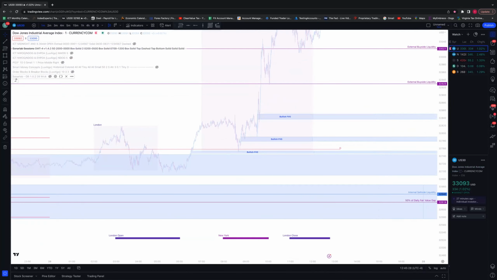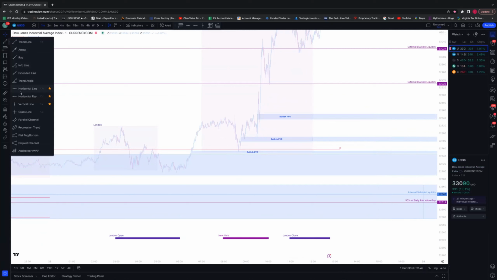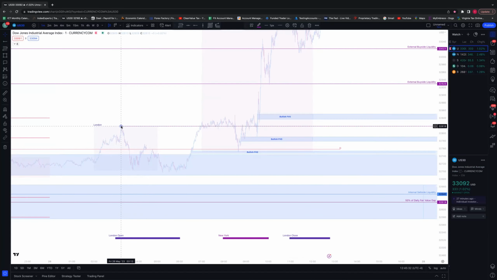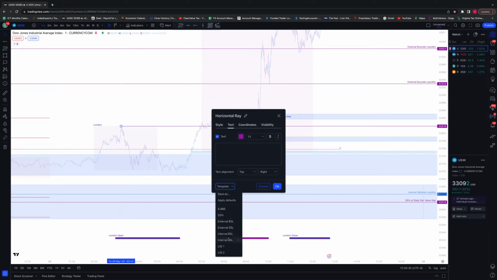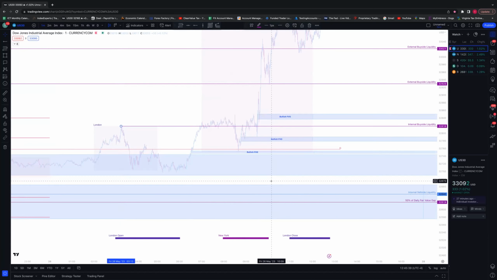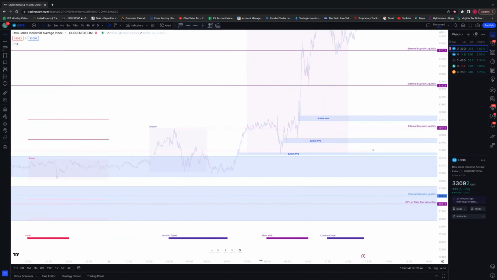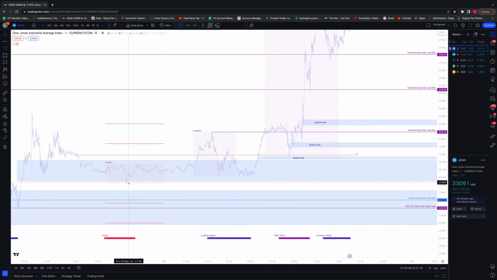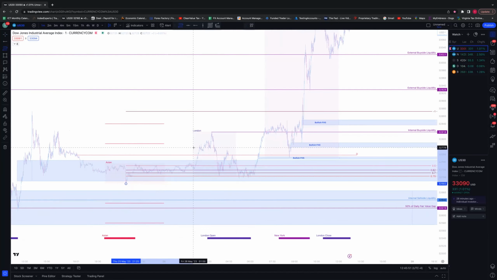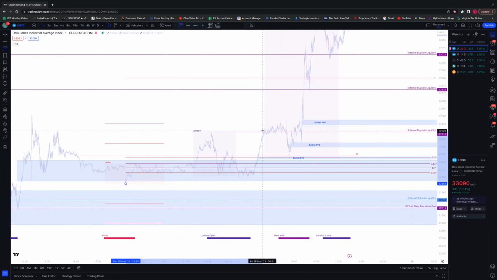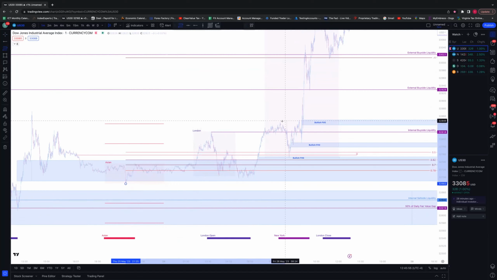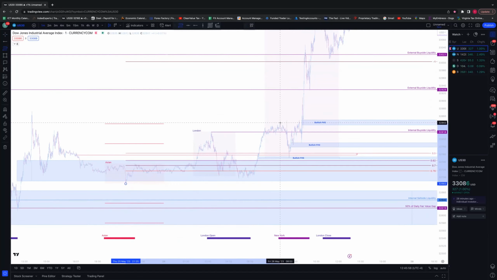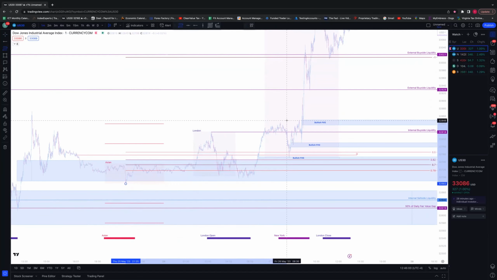So if we're going to presume the London high is an internal buy side liquidity, and that our low of the day and high of the day, let's just say we're at 8:30 this morning.